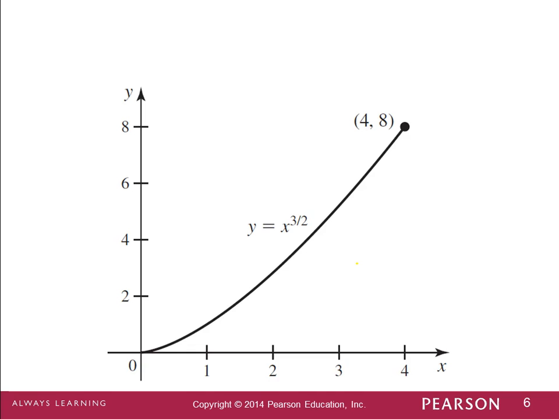So let's take a look at an example. Let's say we have the function y equals x to the 3 halves, and we want to find the length from x equals 0 to x equals 4. The length is going to be the integral from 0 to 4 of the square root of 1 plus the derivative squared.